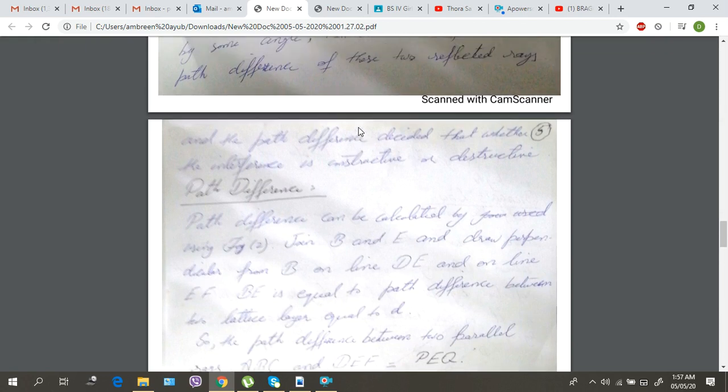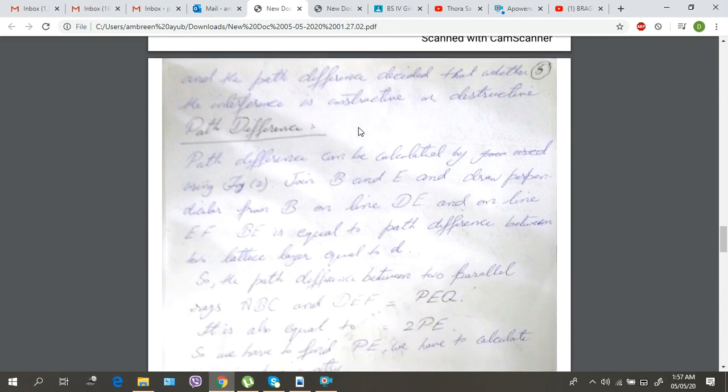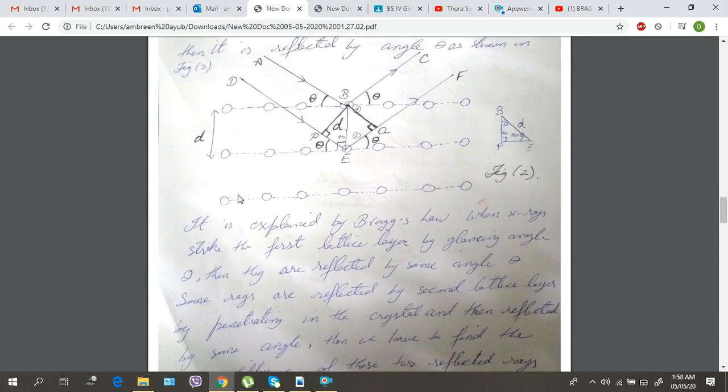Basically, if we have any whole number of wavelengths, then there is constructive interference. Now how can we calculate the path difference? The path difference can be calculated by using figure 2. This figure is used to calculate the path difference.